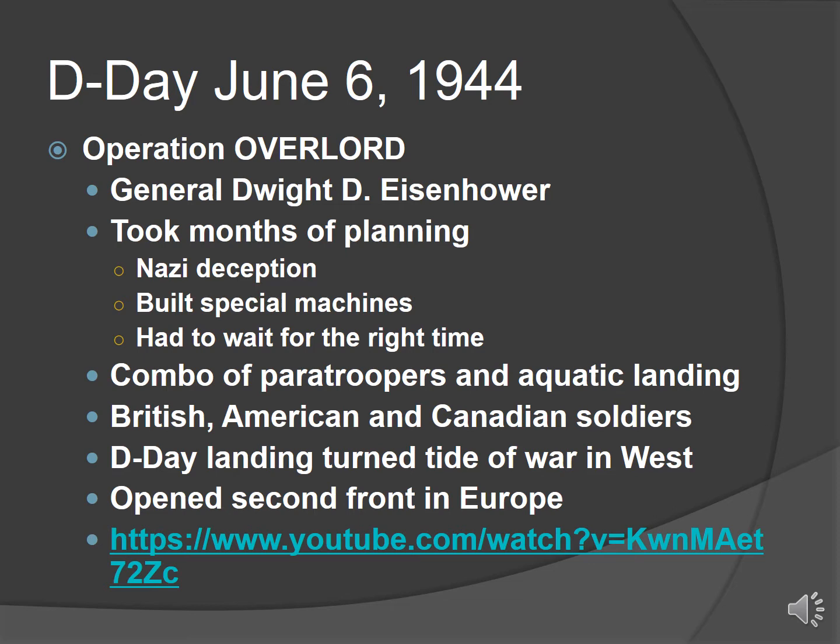Of course, it was understood that there would be a large loss of life, especially initially with those first waves of soldiers. So there were 5 beachheads: Juno, Gold, Omaha, Utah, and Sword. There were only 2 beachheads for U.S. troops.